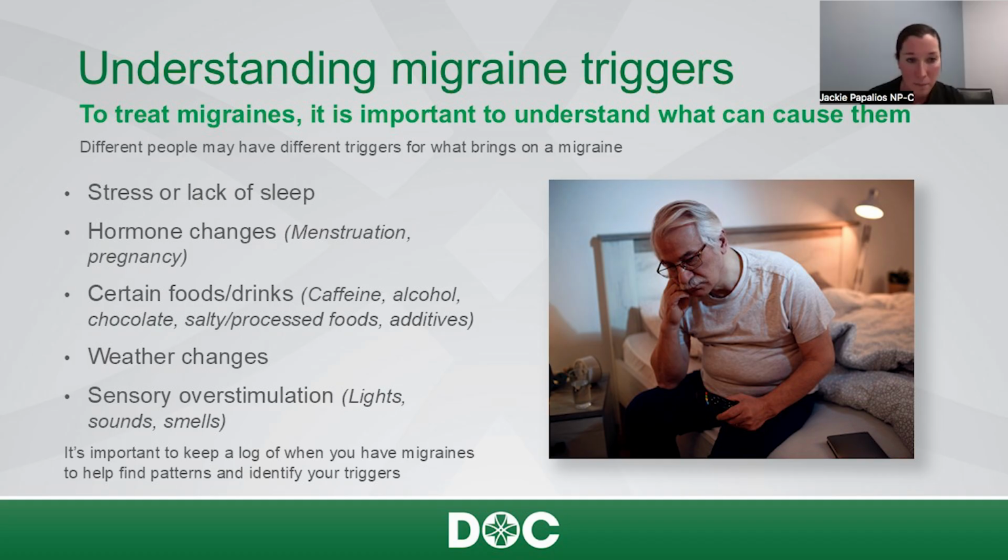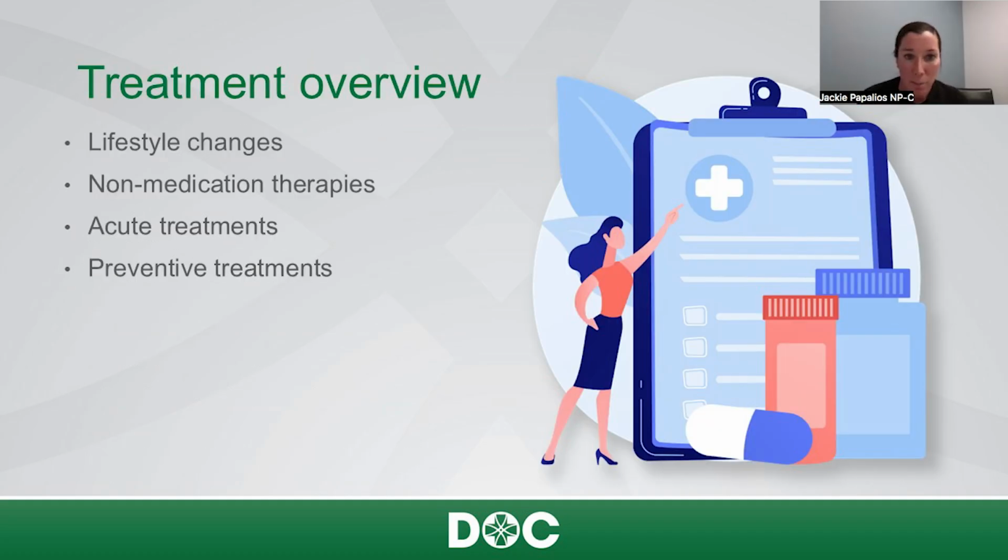And then again, at the bottom there, it's important to keep a log of when you have them to help find patterns and identify those triggers. Obviously, if we're able to identify those triggers, we can avoid some of them to reduce our migraine days and disability. All right, now we're going to jump into the treatment overview for migraines.